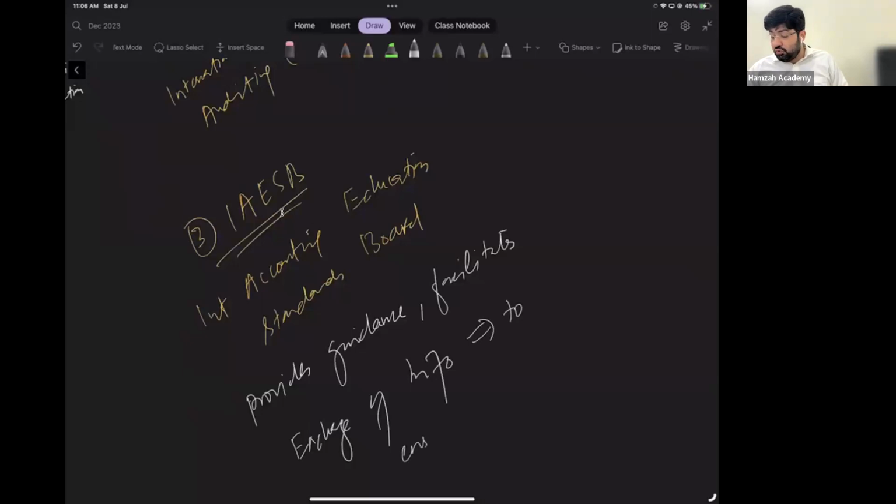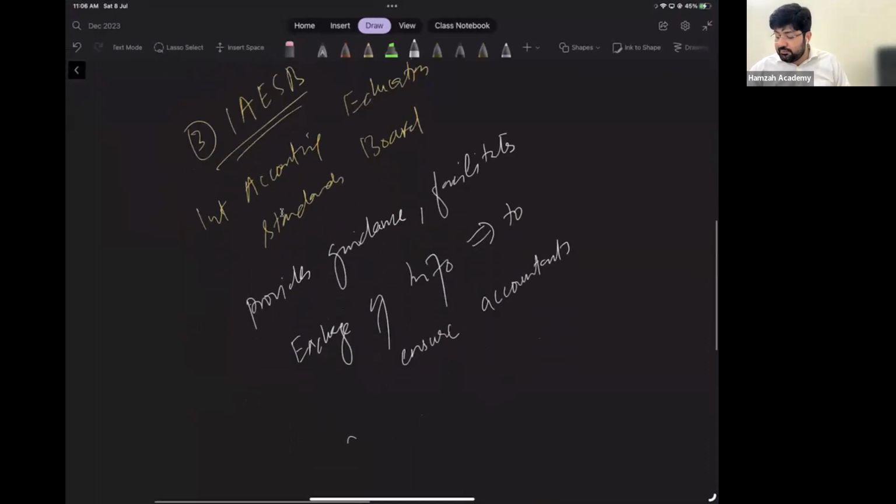To ensure accountants are adequately trained. Accountants are properly trained, adequately trained. Education, new knowledge.